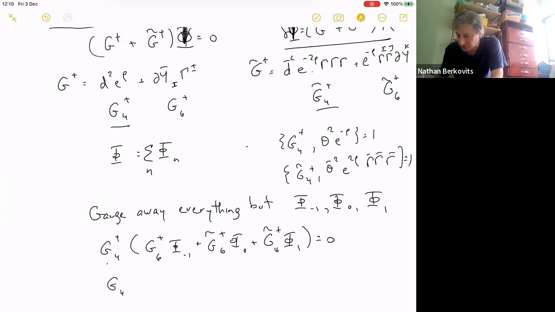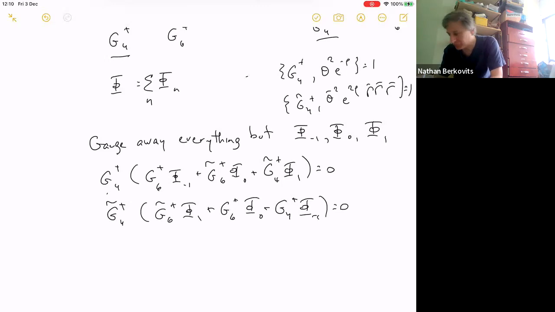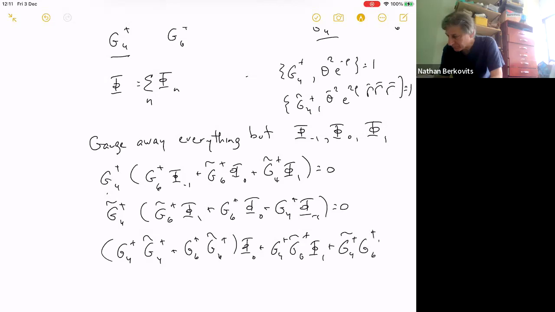Similarly, you get the complex conjugate of this. And finally, you get the equation G4 plus. So you see the three string fields, they talk to each other.